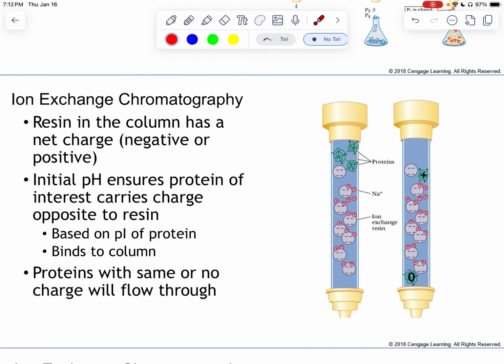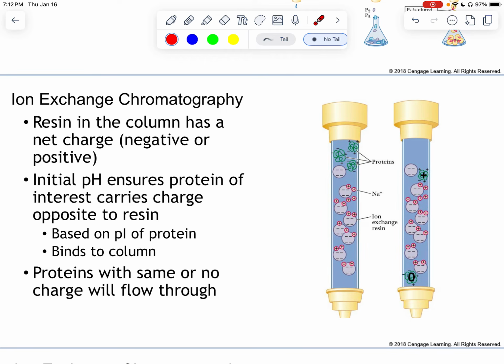All right, and then ion exchange chromatography. So now our stationary phase, shown with these big circles, has a net charge. It could be negative, it could be positive. In this case, we've shown it negative.